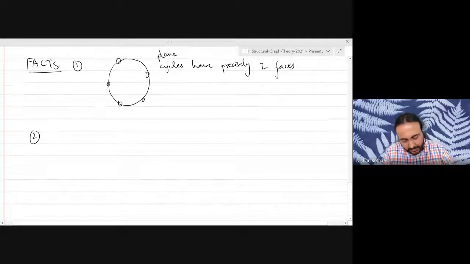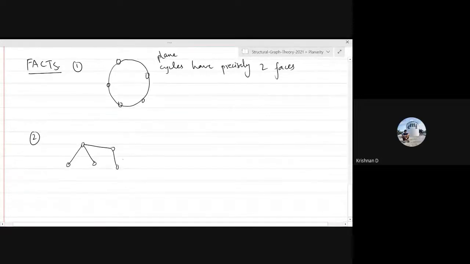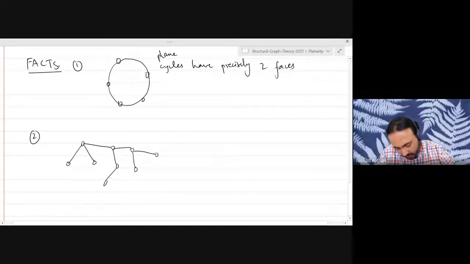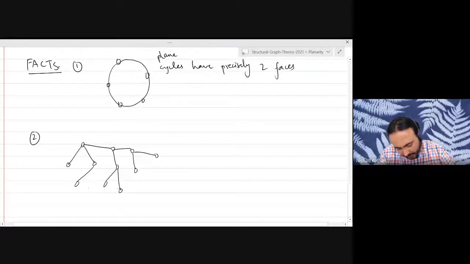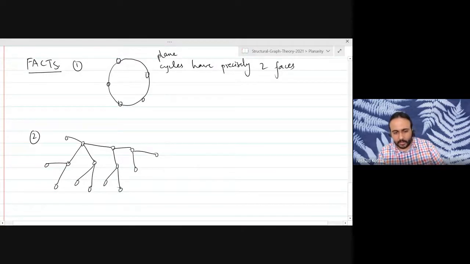What about a tree? If you draw a tree, how many faces does a tree have? One. Exactly one face, right? One can prove that by induction, but we will just write it as an observation. You remove one leaf, then it has one face. Now you attach that leaf again, and you observe that the face that was there is still topologically connected.